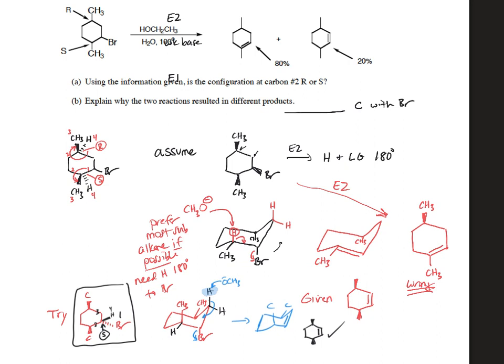Now it says, explain why the two reactions resulted in different products. The reason for that is that you only got the one product in the E2, and that's because it's the only one you could get. With E1, which was the second possibility that we had, with that E1 reaction, the leaving group was gone by the time the elimination occurred.